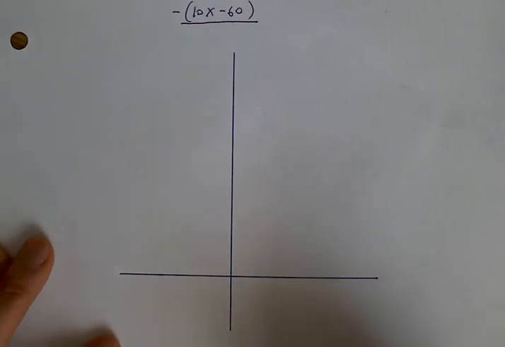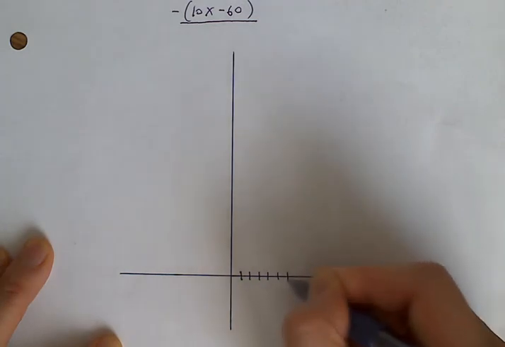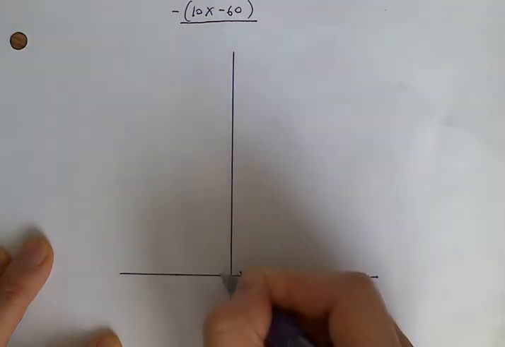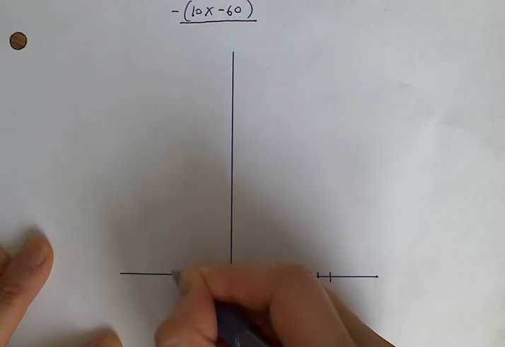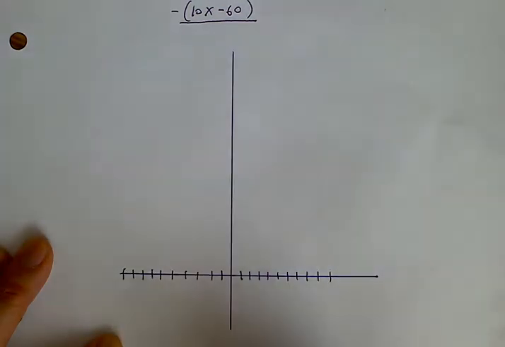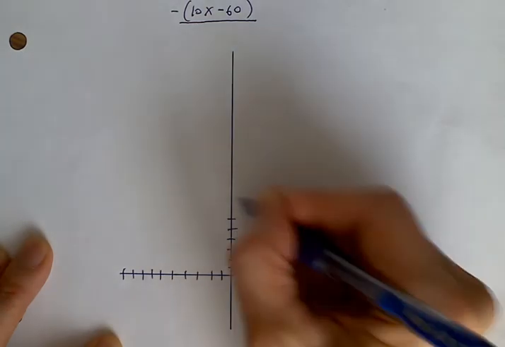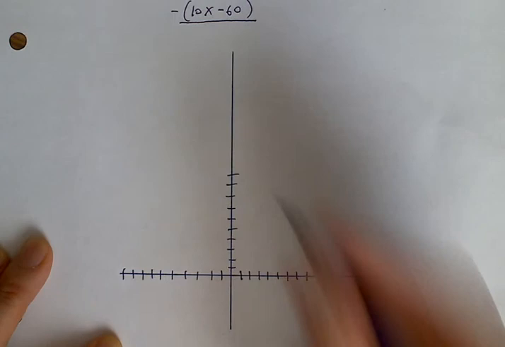All right, so I'll just put in 10 to the right, 1, 2, 3, 4, 5, 6, 7, 8, 9, 10, and then to the left, 1 through 10, and then I'm going to go up 10, 1 through 10.